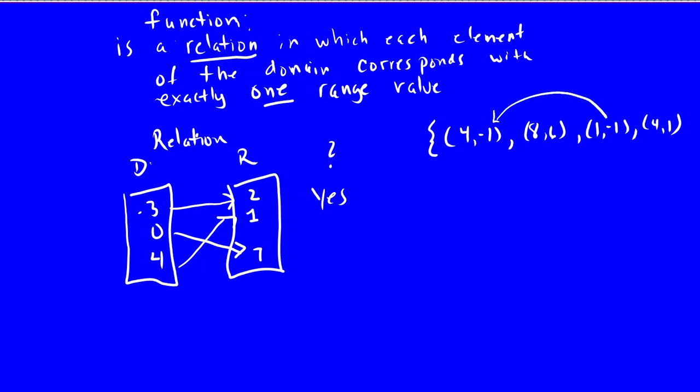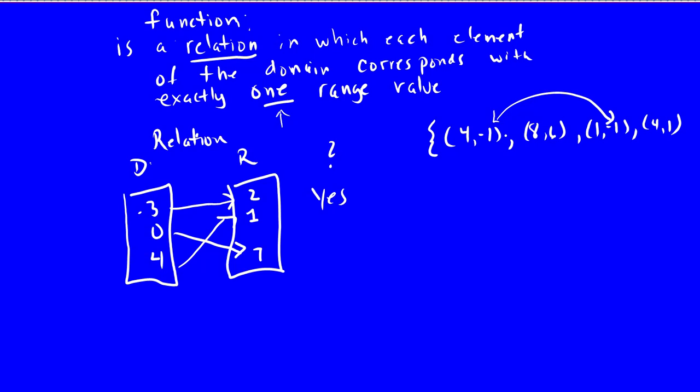Okay, I've got a problem here. While this is a relation, the definition of a function says that each element of the domain corresponds with exactly one range value. Here, both 4 and 1 correspond with -1.